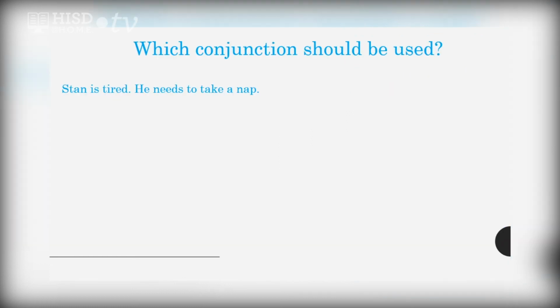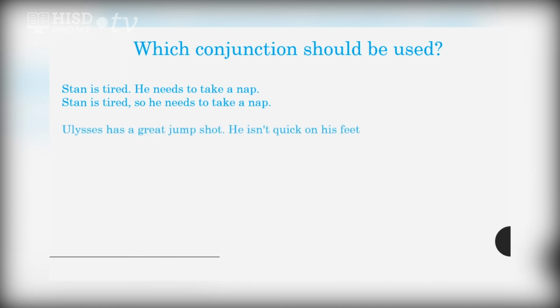Let's check our answers. So we were trying to decide which conjunction we should use in order to combine these two simple sentences. Stan is tired, so he needs to take a nap. We added our comma and our conjunction so to combine these two simple sentences together to make one compound sentence. Ulysses has a great jump shot, but he isn't quick on his feet.